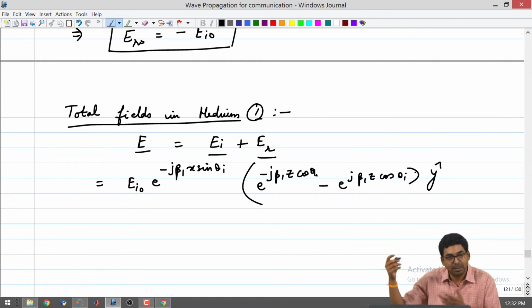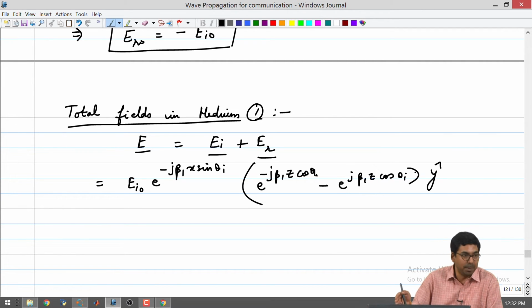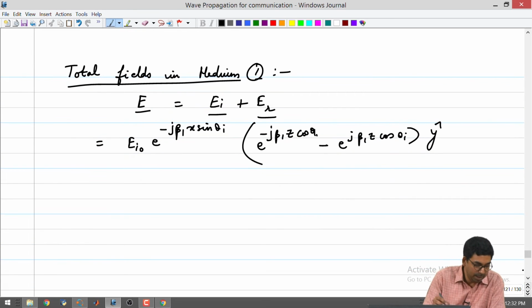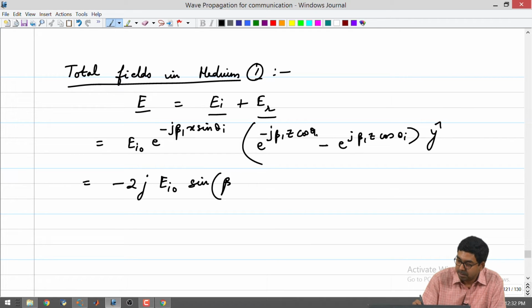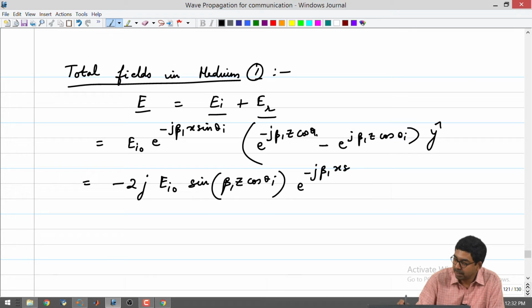I just wanted to get that with respect to z, which is why I grouped them together. So, I can write this as minus 2j EI naught sine of beta 1 z cos theta I, times e to the minus j beta 1 x sine theta I.